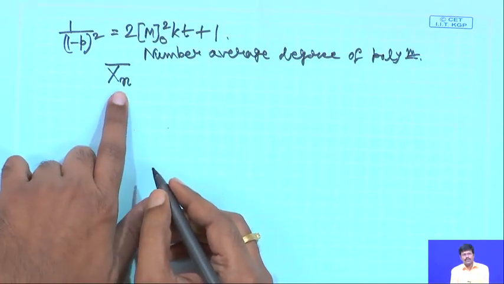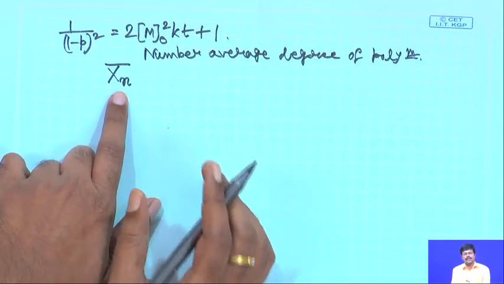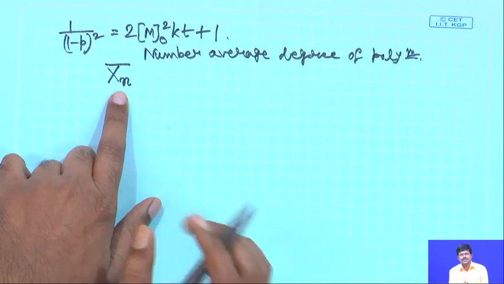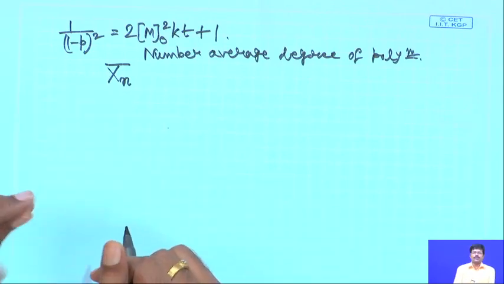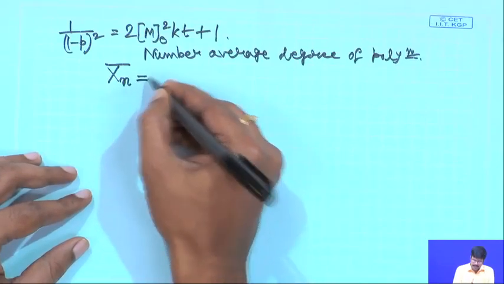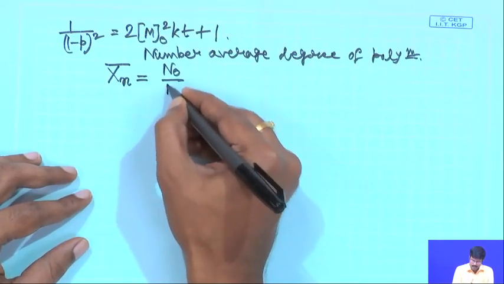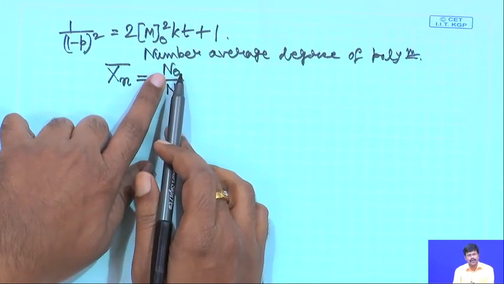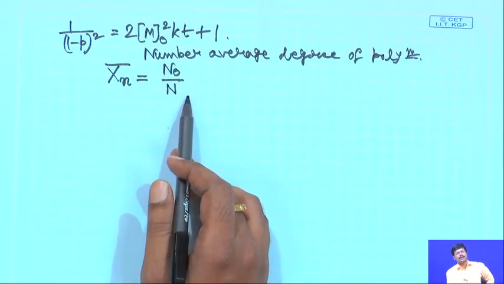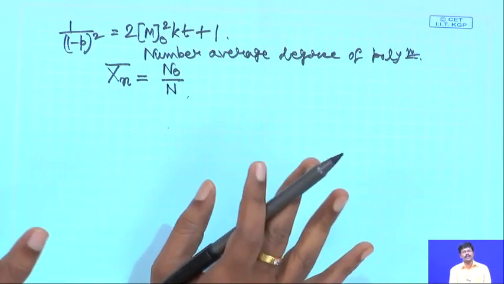Number average degree of polymerization is nothing but the average number of structural units that are present per polymer molecule. So, basically this is nothing but N0 by N, where N0 is the total number of molecules to start with, and N is the total number of molecules that are present after time t.